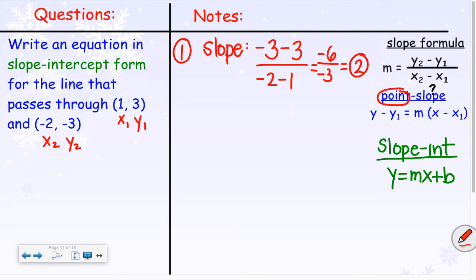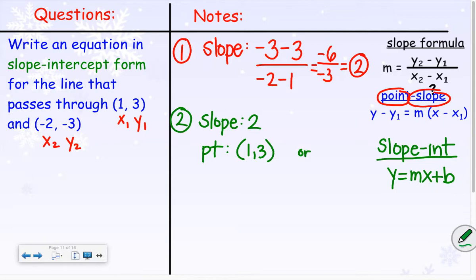So my slope is 2. Now I have my slope, so I can put it in point-slope form. I know that my slope is 2. And my point, I can choose either (1, 3) or (negative 2, negative 3). I usually like to avoid negatives if possible. So I'm going to pick (1, 3).